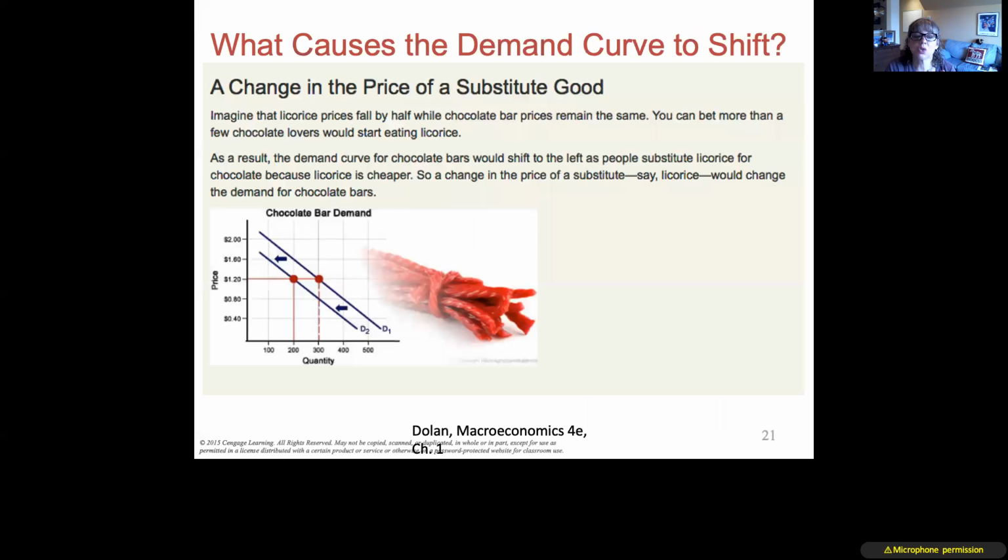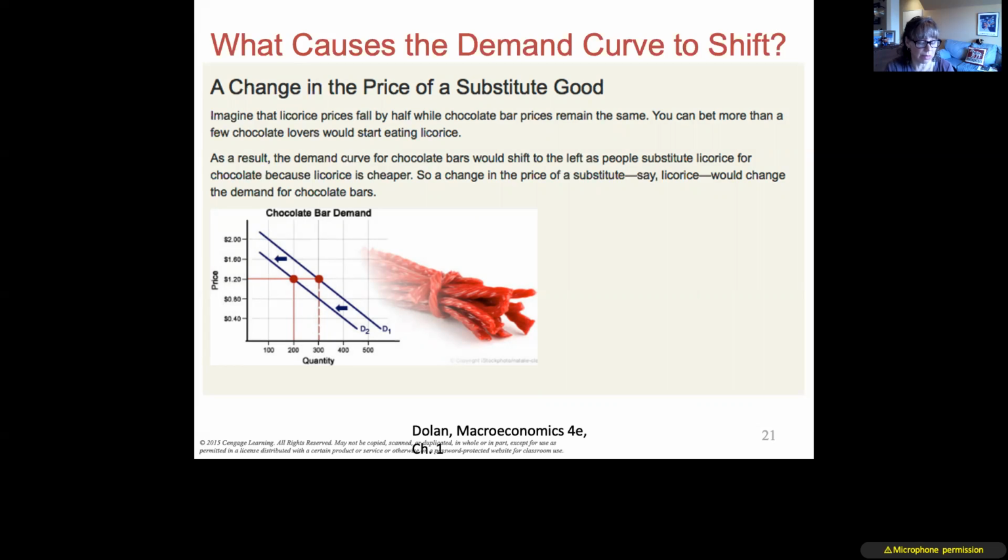Here's an example back to our chocolate. All right, for instance, imagine that the licorice prices fall in half while chocolate bar prices remain exactly the same. If you're just in it for the sugar rush and not necessarily for the chocolate taste, you very well may switch to eating licorice. Because you're standing in the candy aisle and you look at your chocolate bar price and you look at what a deal you can get.